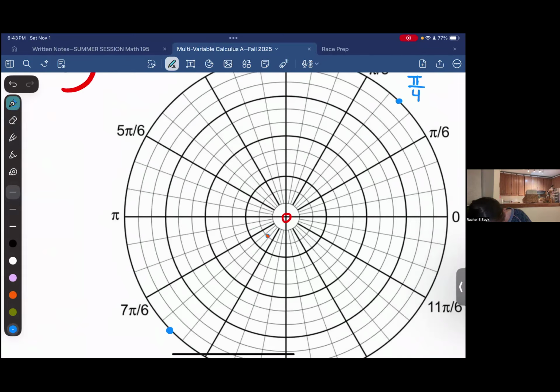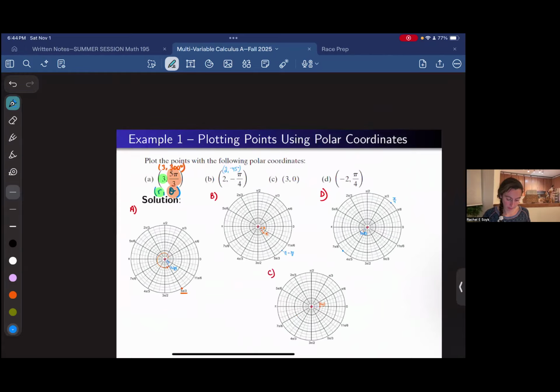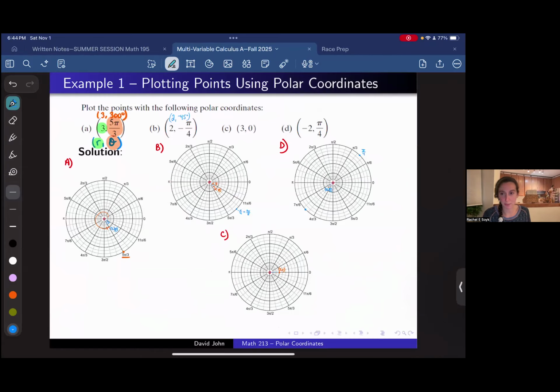Orange, and then draw a line from the origin. And then coordinates. So we have -2 comma pi over 4. And there we have it. So we completed example 1.